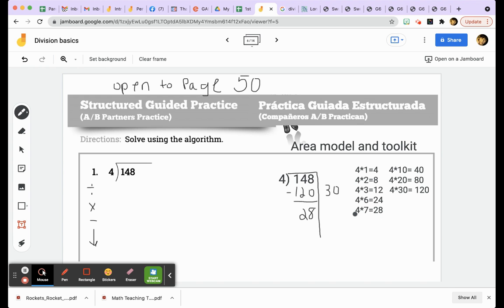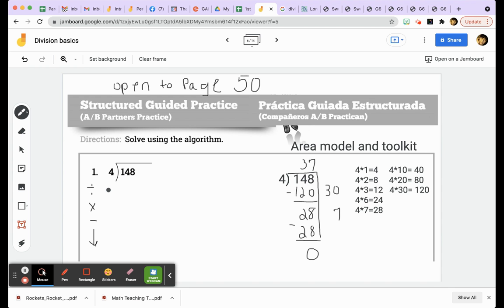Well, 4 is the number that I'm dividing by. 4 times 7, 7 is going to be my partial quotient. And 4 times 7 is 28. So I'm going to write this under the 28 that I have here. Subtract 0. And when I combine my partial quotients, 30 and 7 is 37.